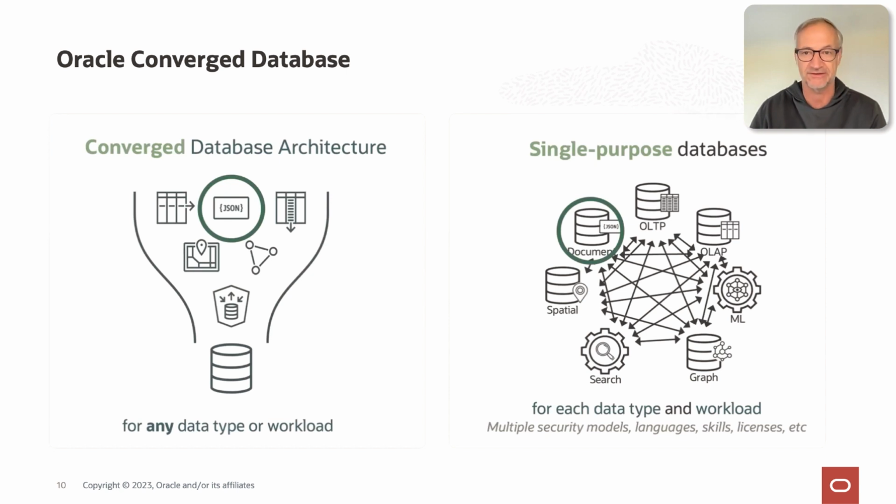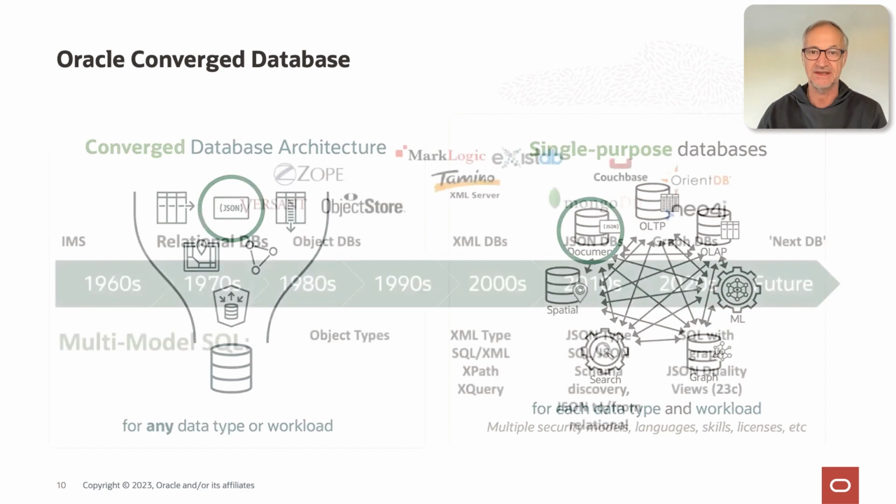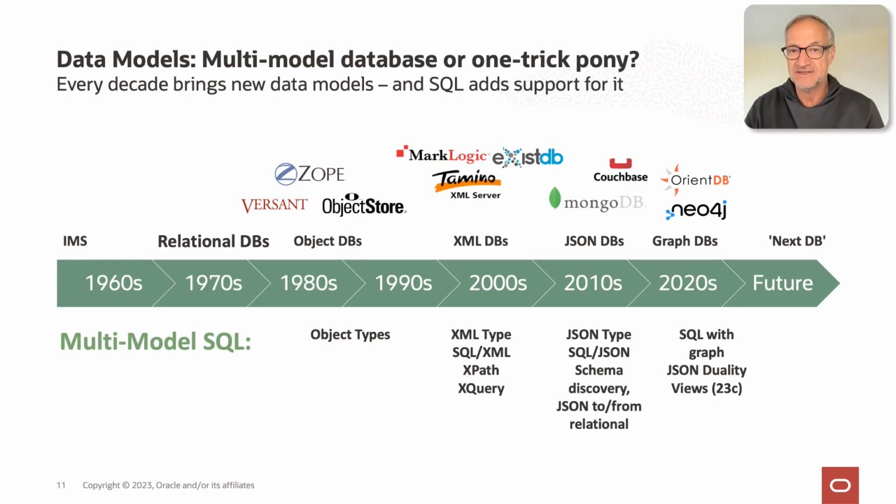Like, when you look at the right-hand side, if you were trying to use something that goes beyond the document, like analytics, or you want to do some graph analysis, you're probably running into the limitations of the single-purpose database. And besides the single-purpose build, what we have seen over the years is that database models and themes, the new sexy thing, come and go, right?